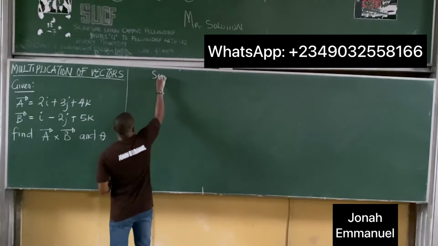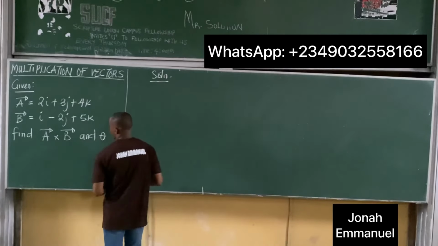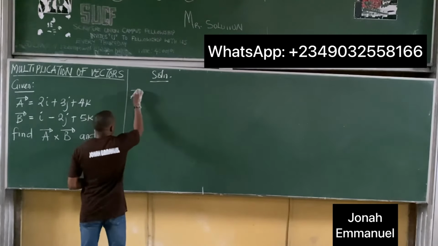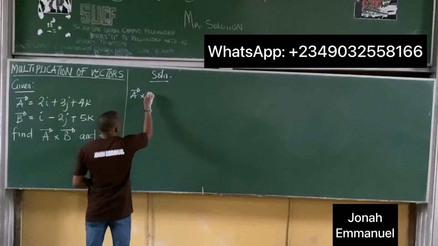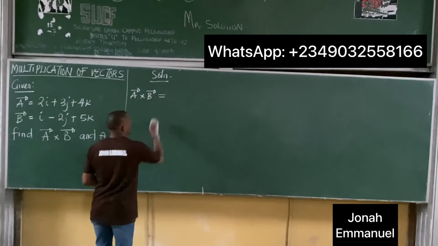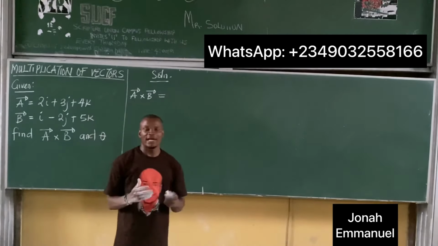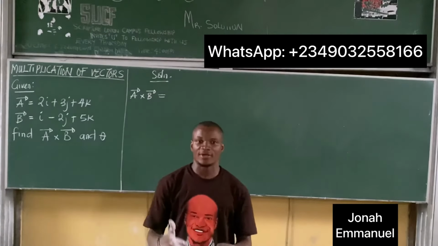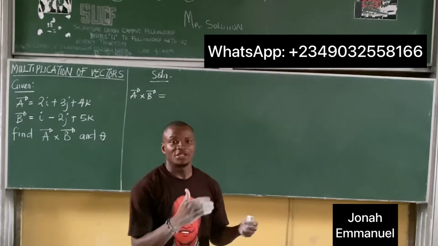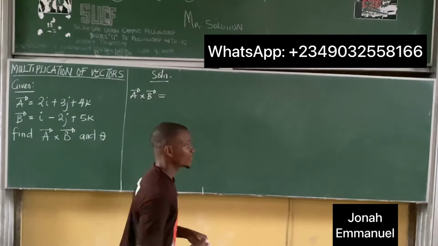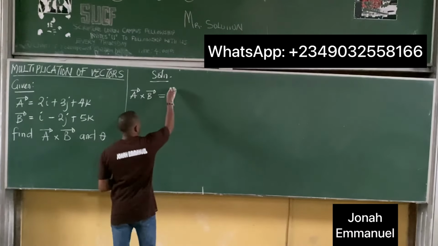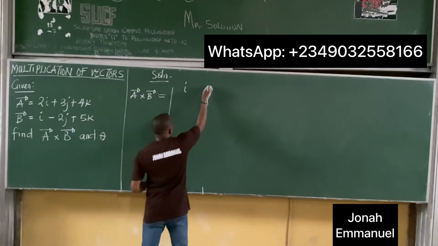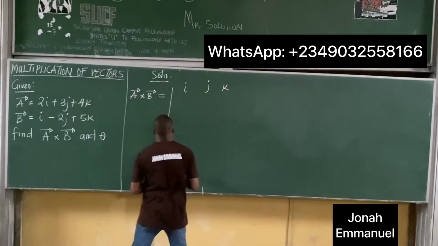Solution for this one. I'm given A cross B. This is now cross product, and for cross product, you express it in terms of a matrix or as the determinant of a matrix. That would now be i, j, k.